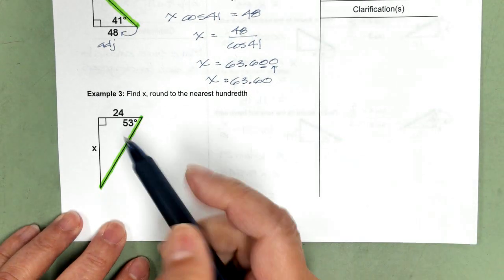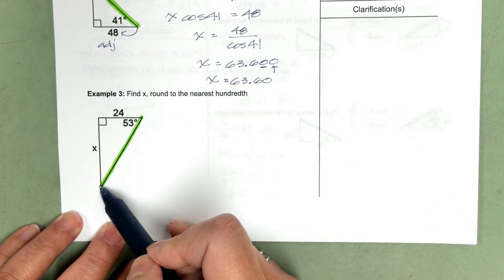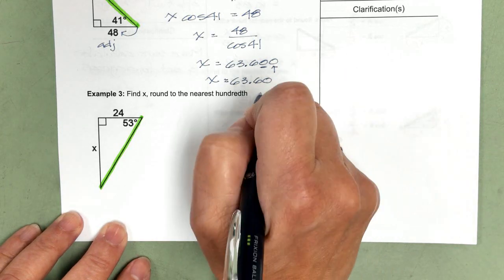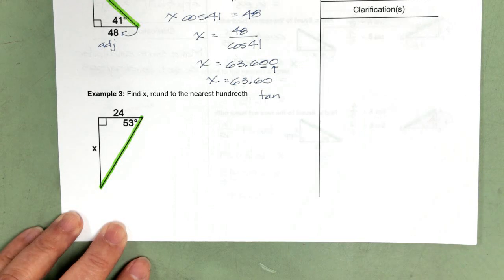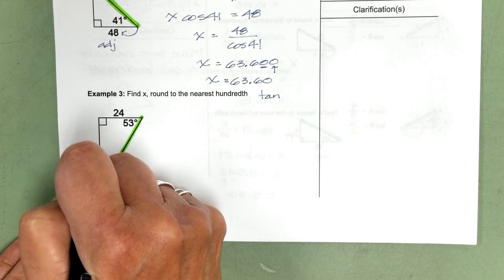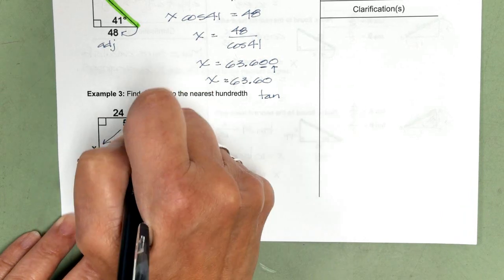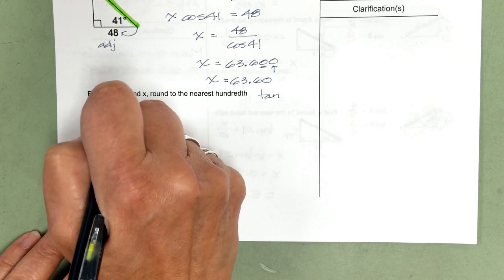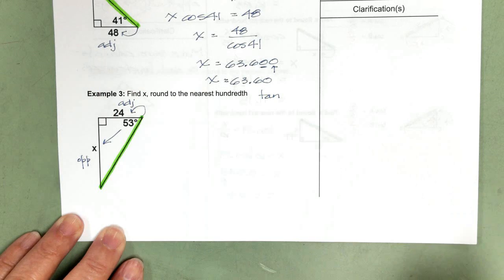All right, example 3. We are not given the hypotenuse, and we're not looking for the hypotenuse, so that automatically becomes tangent. We are looking for the opposite side, and we're given the adjacent side.